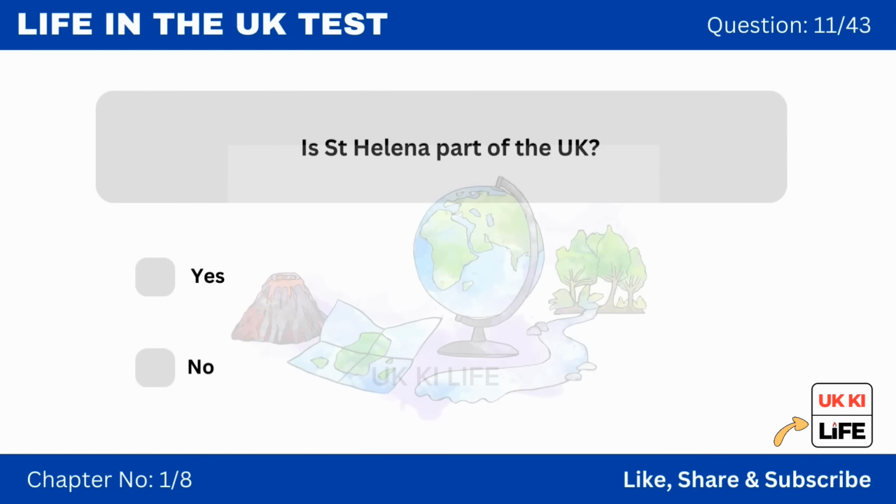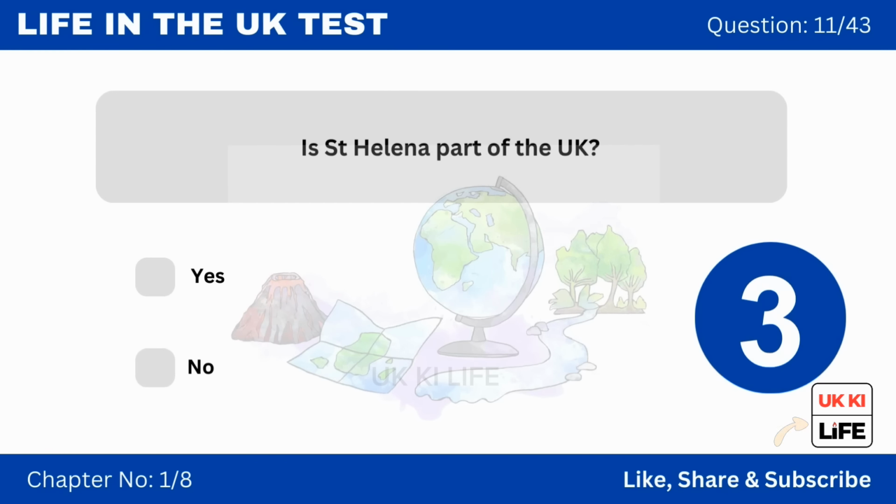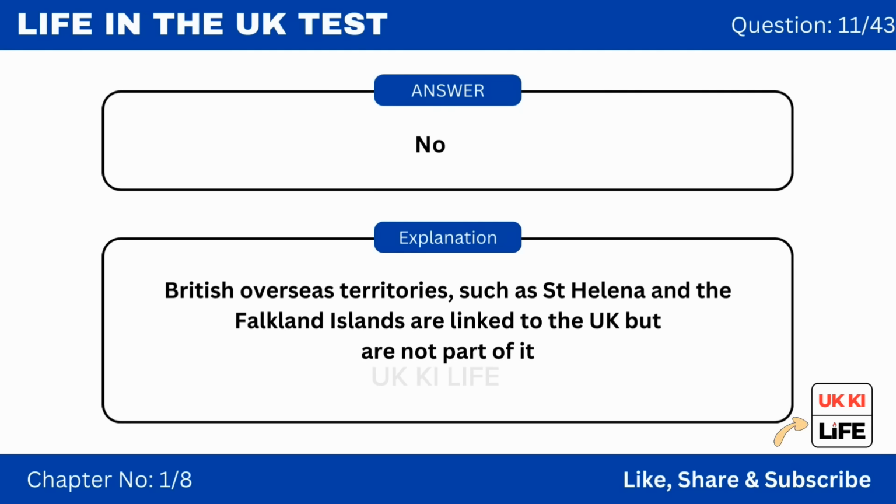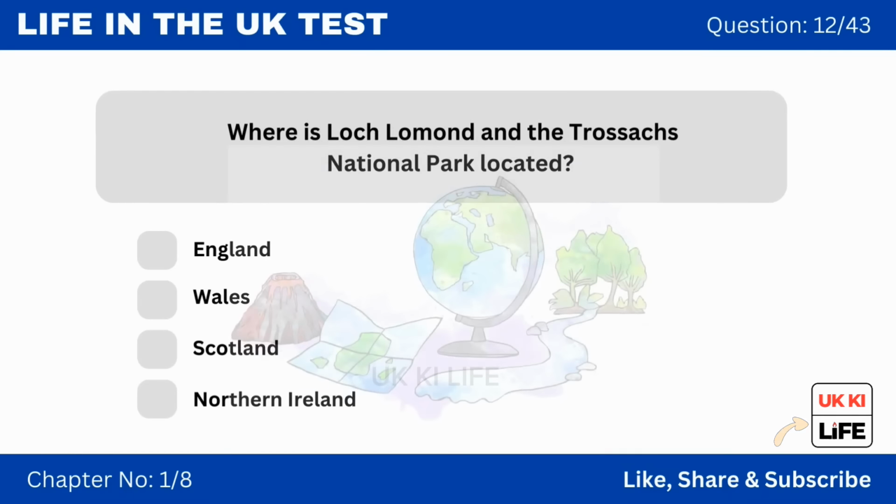Question 11. Is St. Helena part of the UK? Yes. No. The correct option is B. Explanation. British overseas territories, such as St. Helena and the Falkland Islands, are linked to the UK, but are not part of it. Question 12.